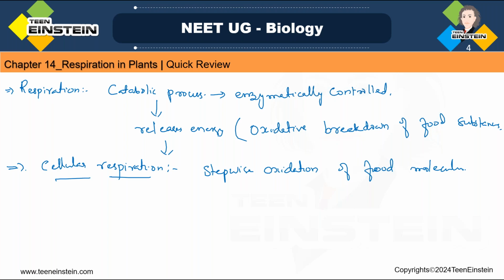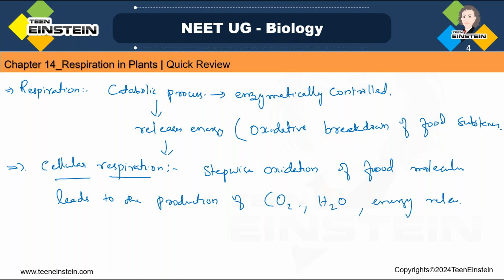So it is leading to the production of carbon dioxide, and water is also getting produced. Then energy is getting released. Carbon dioxide is getting produced, water is getting produced, and energy is getting released.